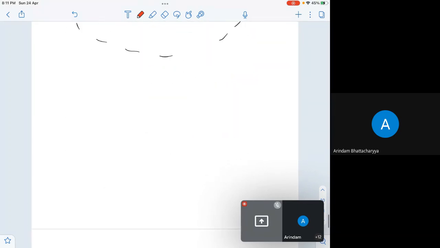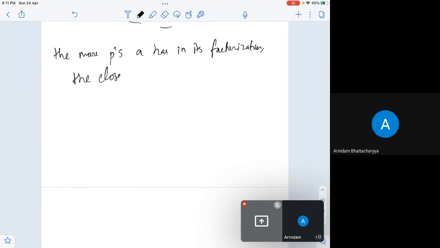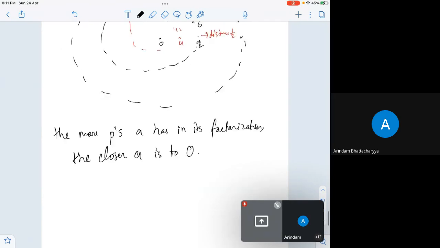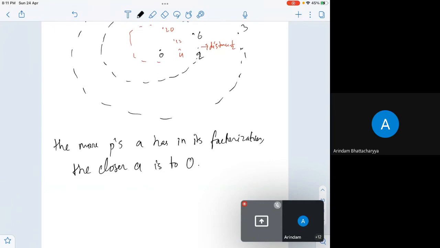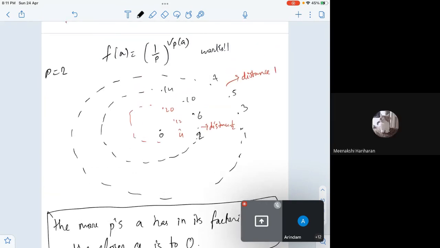So the more p's a has in its factorization, can someone explain this statement? Yeah, it's because the distance keeps decreasing as you go further in. Yeah, great.